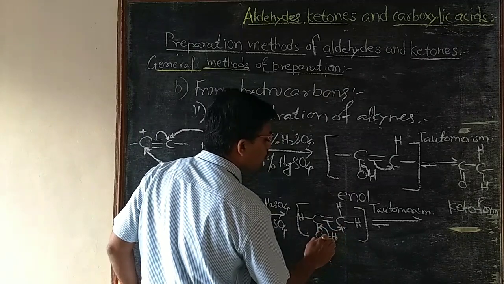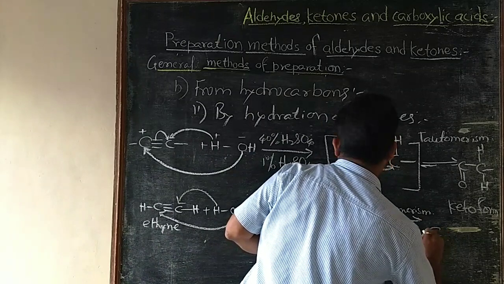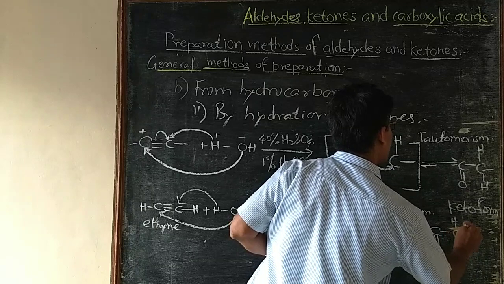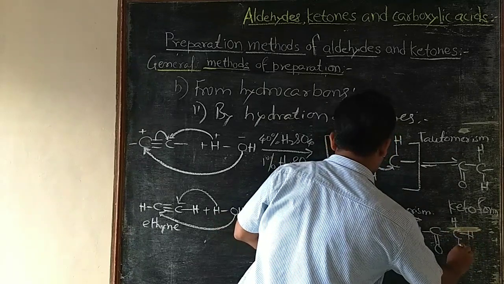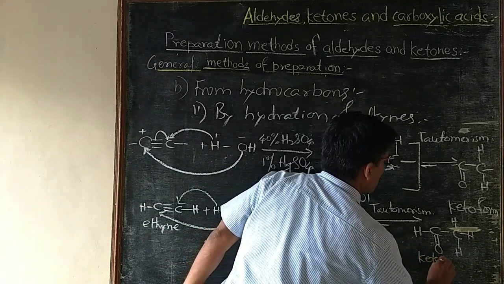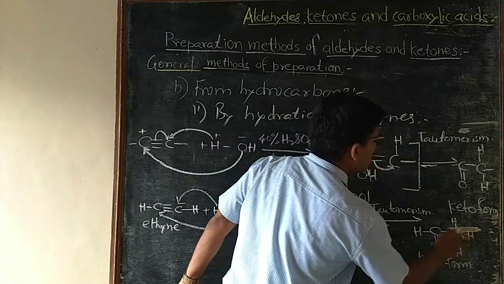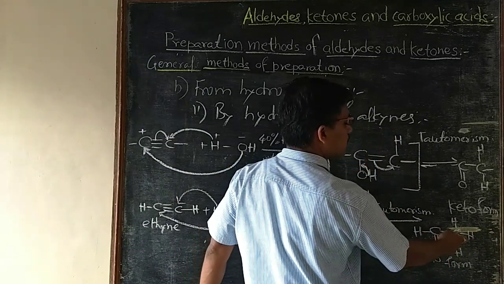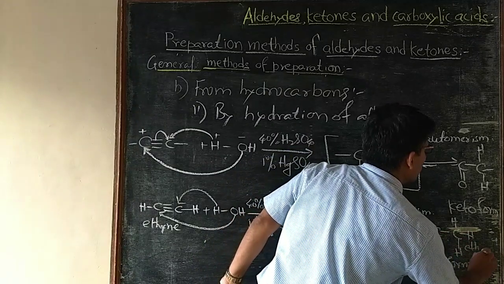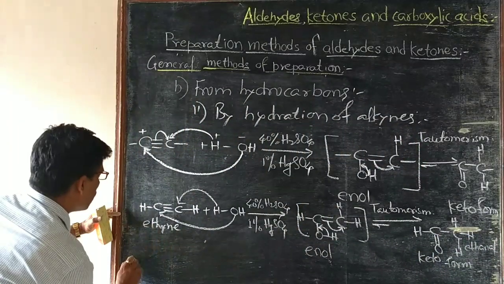Therefore, this hydrogen without electron pair, that is H plus form, goes to this carbon atom, giving CH3 C double bond O H. It is the keto form, and it is CH3CHO, with two carbon atoms, therefore its name is ethanal. It is an aldehyde. Consider another example.